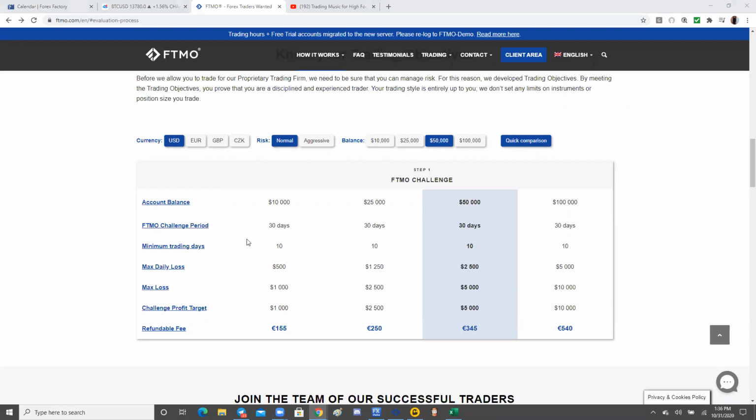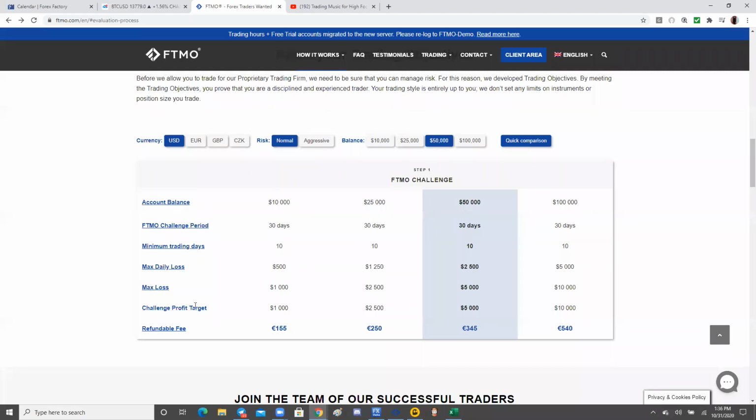The minimum trading days is 10 days, and your max daily loss on a $10,000 account will be $500. Your max loss is $1,000. So you can't lose $500 in a day, and within the trading period, you can't lose $1,000.